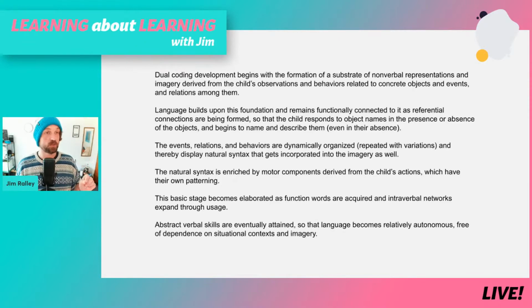As referential connections are being formed, the child responds to object names in the presence or absence of the objects and begins to name and describe them, even in their absence. So they've got this substrate of understanding: cat, dog, cheese. They recognize those objects, but once the verbal system comes into play, they can refer to those objects and feelings using language, even when they're not there.